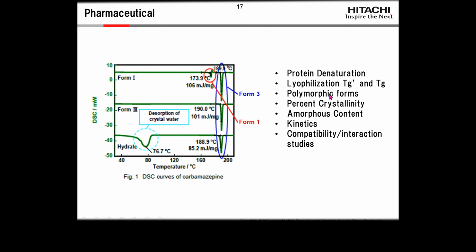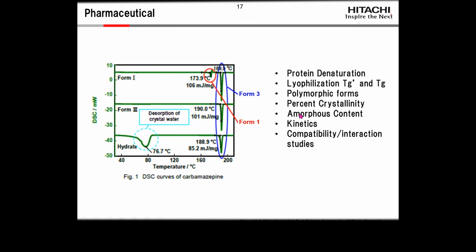When you take a drug or a medicine, there are often various crystalline forms that you can have, and only some of them are biologically active. So if your drug doesn't have the right polymorphic form, it may not work right, or it may work too well. And the only ways you can detect polymorphic forms are DSC and X-ray crystallography.